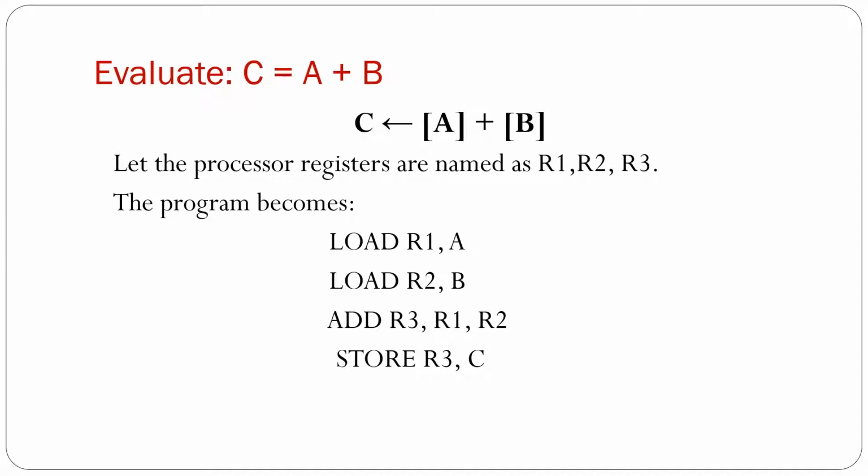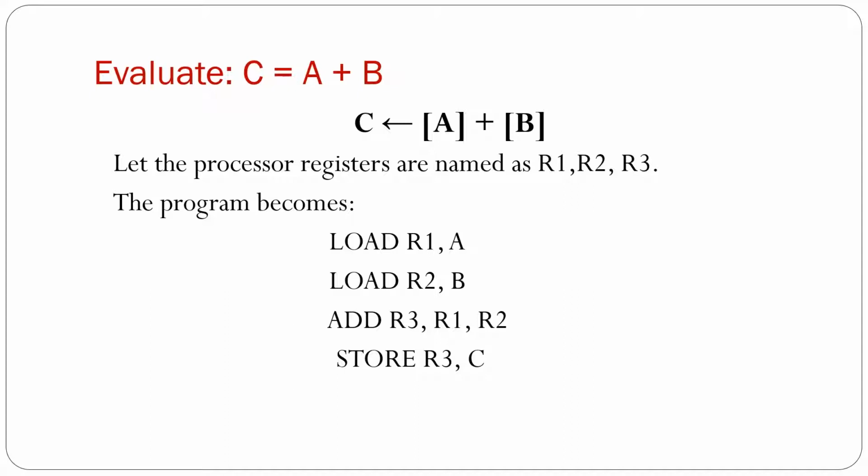Let the processor registers be named R1, R2, R3. The program becomes load R1 A, load R2 B, add R3, R1, R2, store R3 C. Here, the add instruction is using three operands R1, R2, R3, and in the store instruction R3 moves to C. R3 is a processor register and C is a memory location.